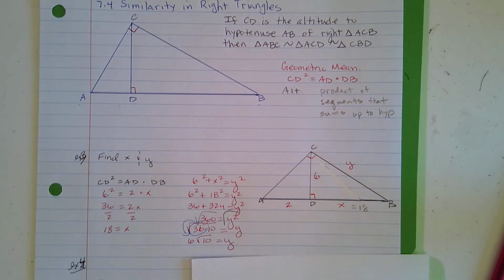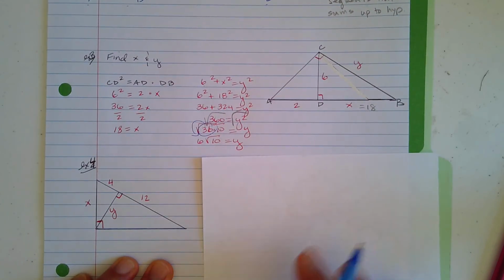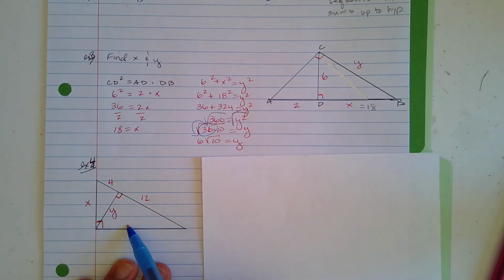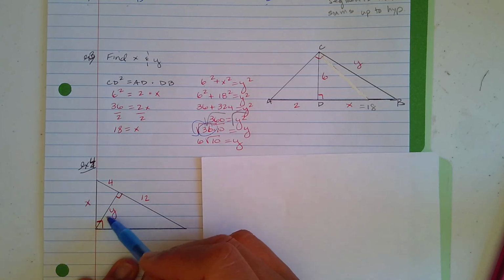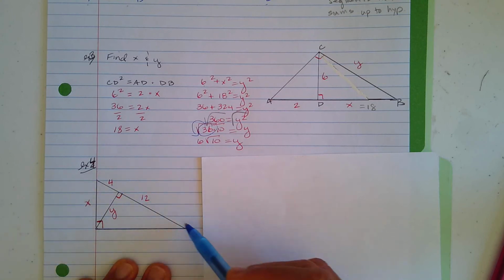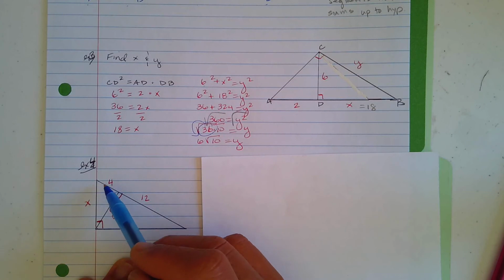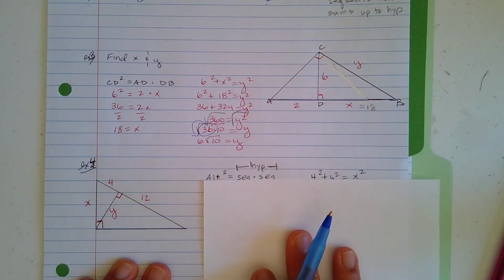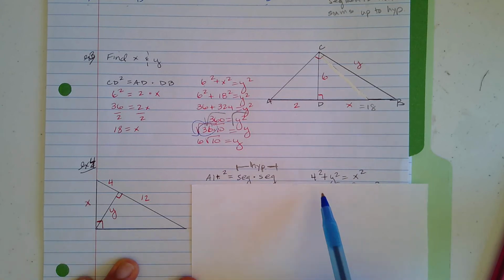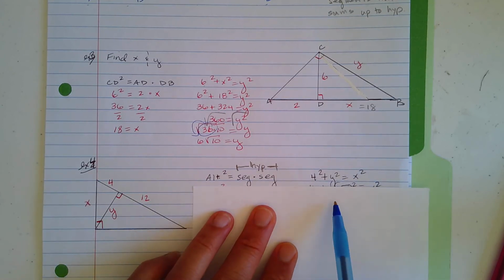All right, last example. Same thing, find x and y. Well, I noticed this piece here, this is the altitude and this is the hypotenuse. So the formula is altitude squared equals this segment times this segment. So that's what we did there.